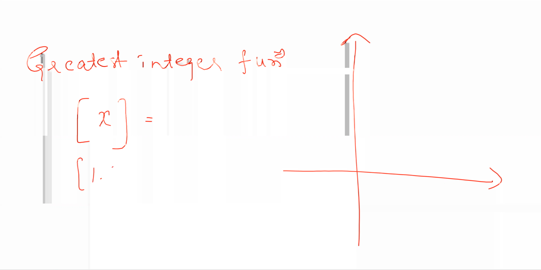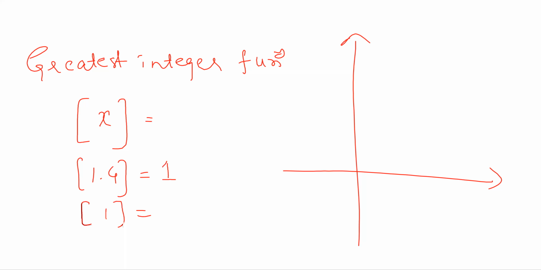What is the greatest integer function of 1.4? What's the value? 1 only. The immediate lower integer value you have to consider. So the greatest integer of 1 will be 1 only.